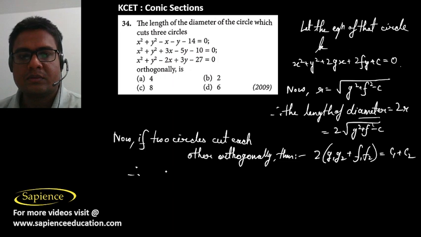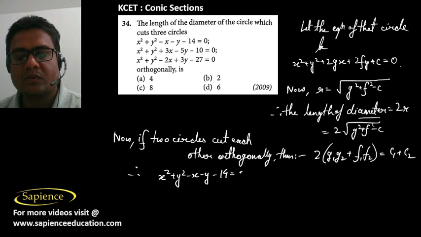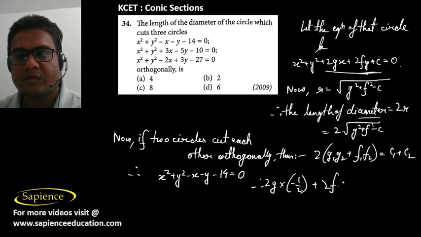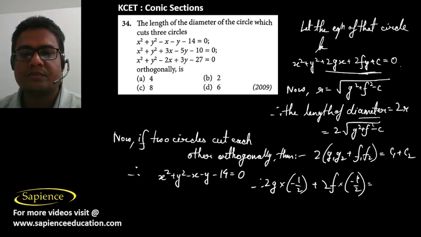So therefore it is told that x square plus y square minus x minus y minus 14 equal to 0. This circle also cuts this circle orthogonally. So therefore we can say that 2g into minus half plus 2f into minus half is equal to c1 plus c2, that is 14 minus c.